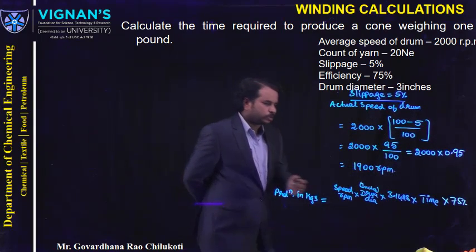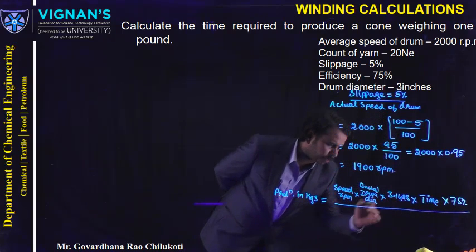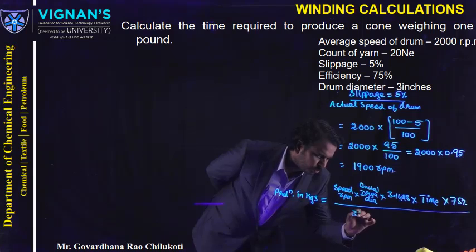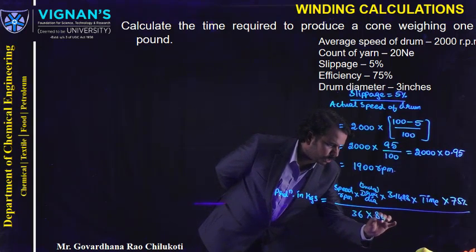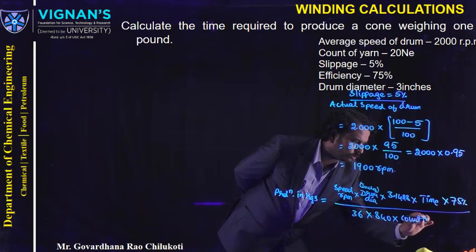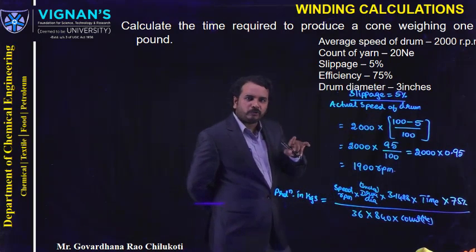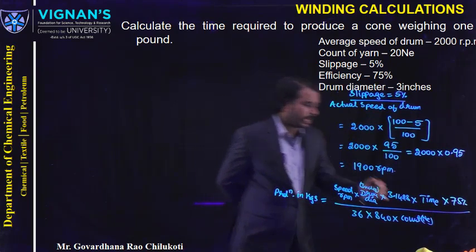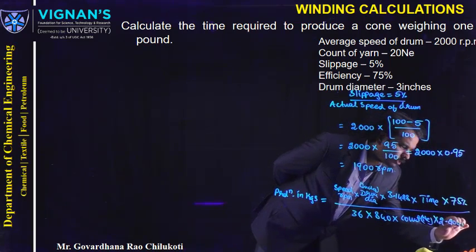So now what we have done is inches per minute we are converting into yards per minute. Yards we are converting into hanks. Hanks we are converting into count. That is lbs. Okay. If you want to convert lbs to kgs, then we are using 2.2046.